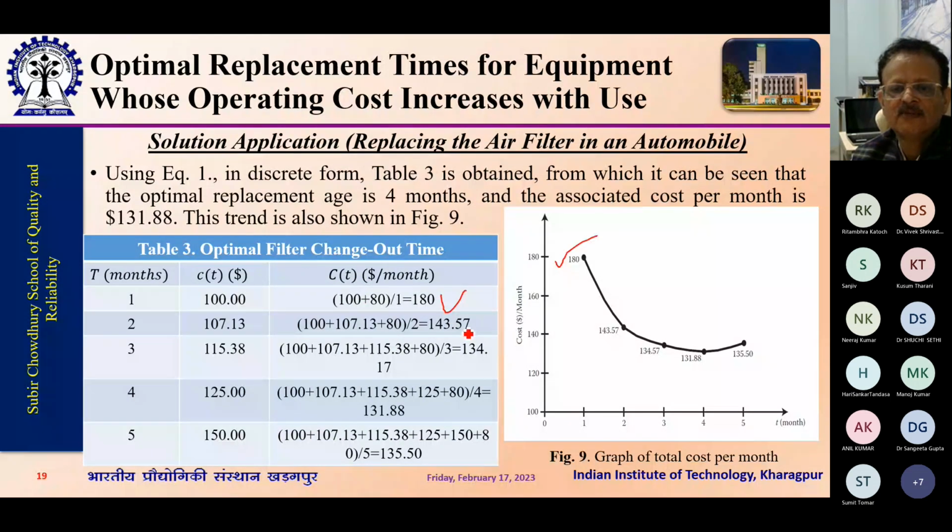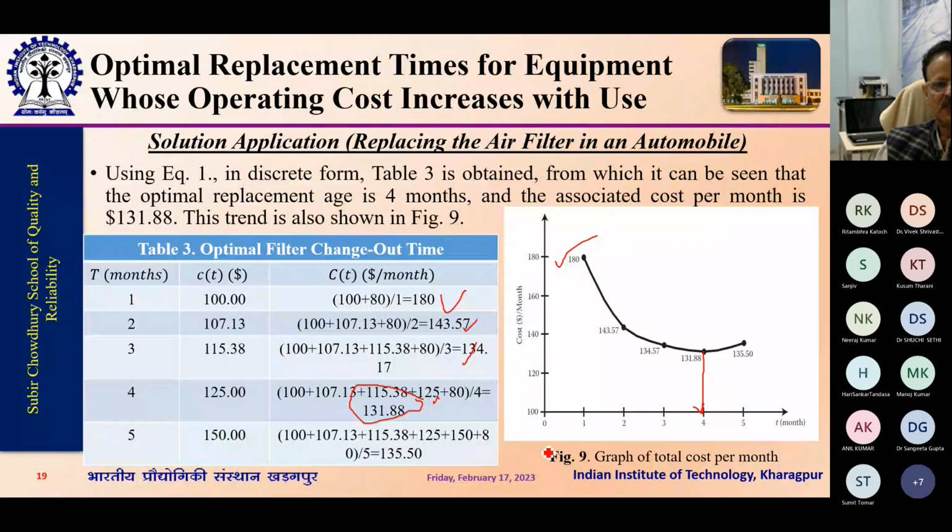One can plot also 143, 134, 131, and at this point you will find the minimum operating plus replacement cost. So your time becomes the fourth month. Okay. So this is the way one can solve if they do not have any cost function or we cannot model it using some mathematical equation.